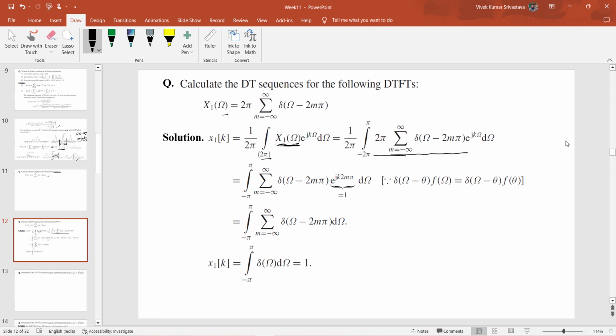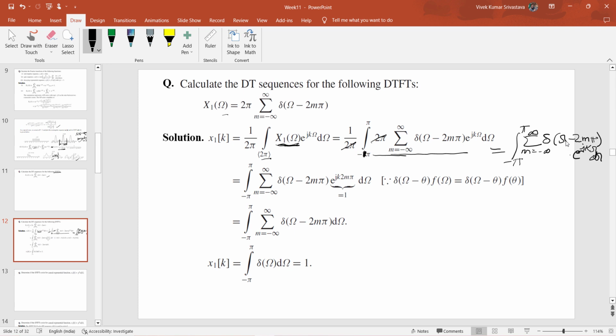Once you put it, you can see that this 2 pi and 2 pi cancel each other. The remaining term will be the integral from minus pi to pi of summation m from minus infinity to infinity delta of omega minus 2 m pi into e raised to the power j k omega d omega.